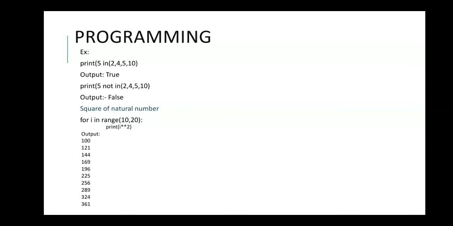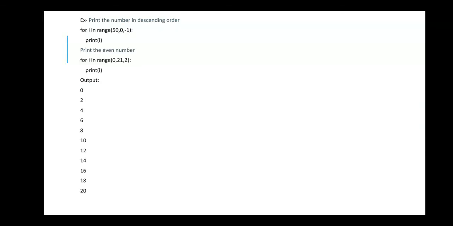Similarly, you check it, you have to print the cube of any number. In place of 2, you will write 3 and you can see it will print the cube of the given range. Now we see the next example. Print the numbers in descending order. When we print the numbers in descending order, we have to remember that the initial value will be greater than the final value and the step value will always be negative.